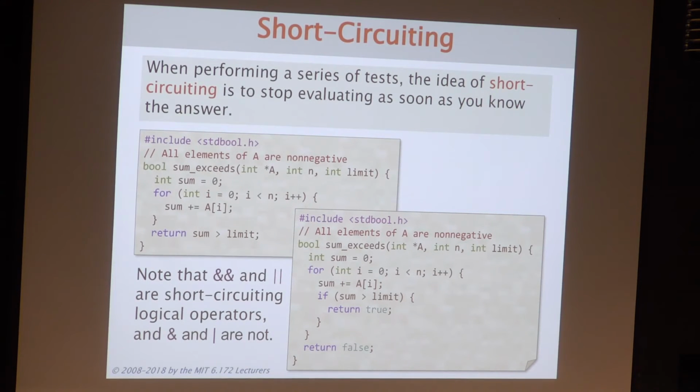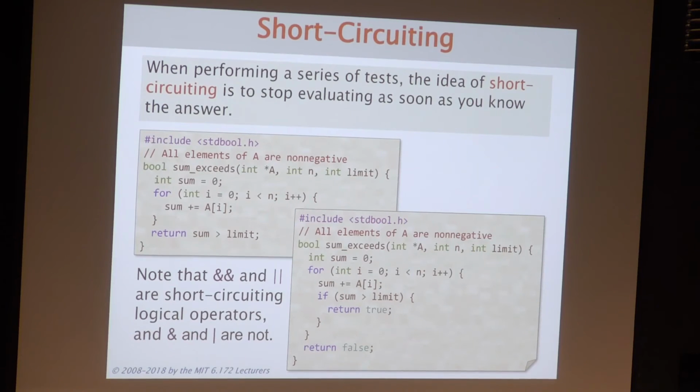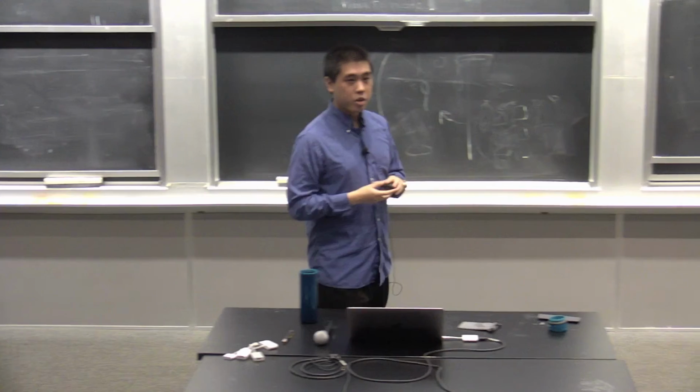If it knows that the left side is true, it knows the whole thing has to be true, because OR just requires one of the two sides to be true, and it's going to short circuit. In contrast, if you just have a single ampersand or a single vertical bar, these are not short-circuiting operators. They're going to evaluate both sides of the argument. The single ampersand and single vertical bar turn out to be pretty useful when you're doing bit manipulation, and we'll be talking about these operators more in Thursday's lecture.